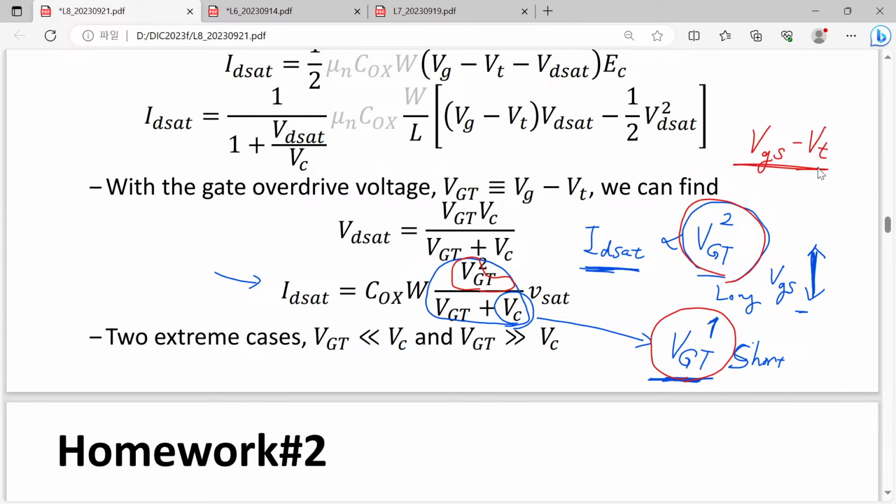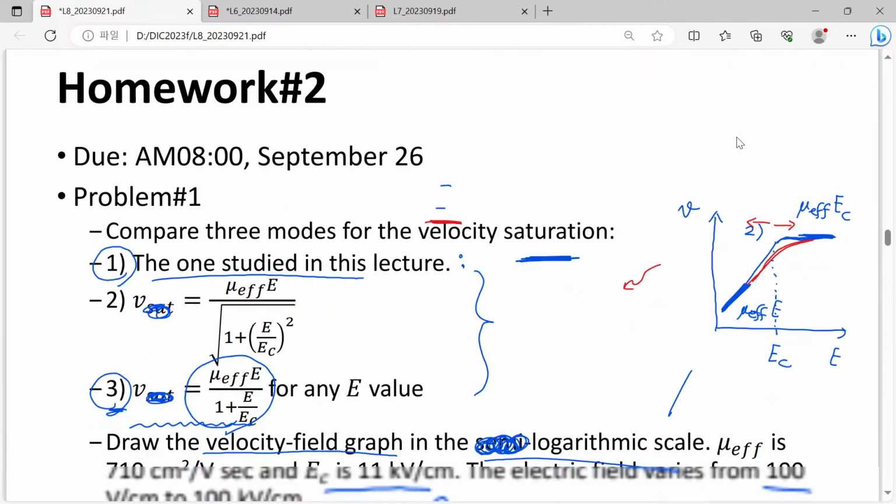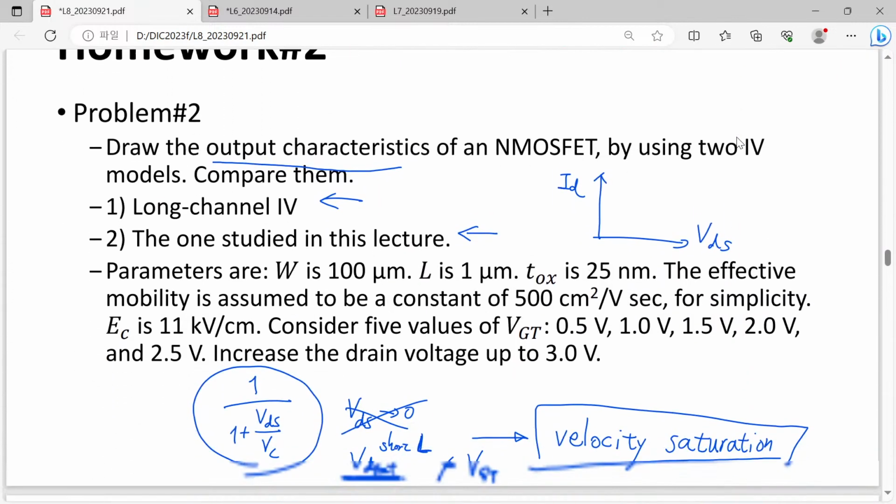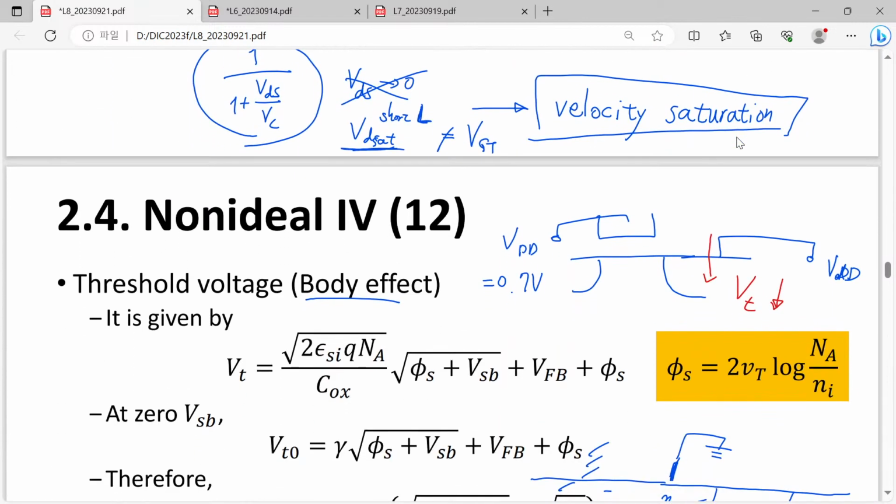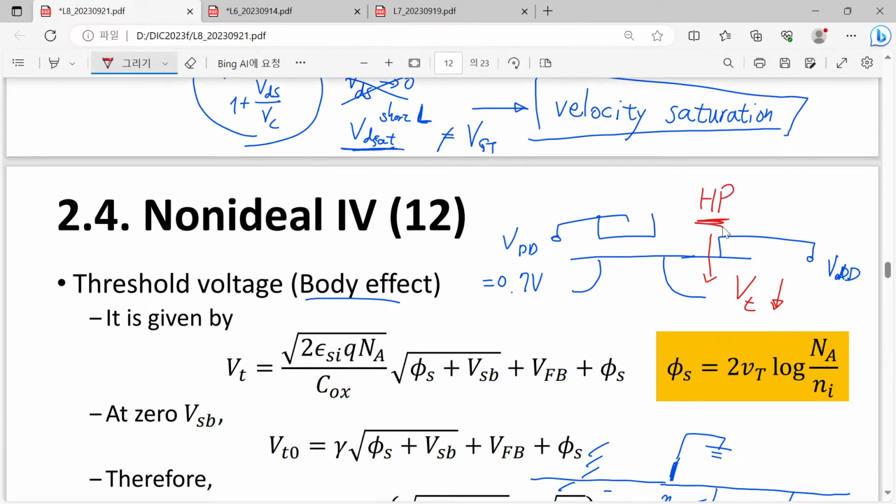If we have a lower threshold voltage, then we will have a higher drain current. So in order to maximize the drain current, which is usually the target of our high performance devices, we want to have a lower threshold voltage.